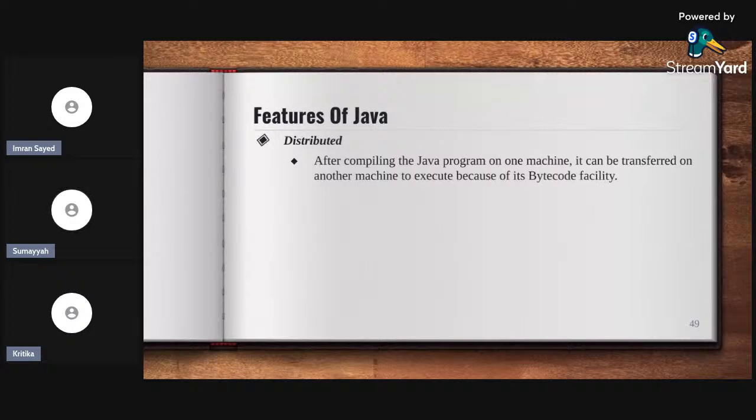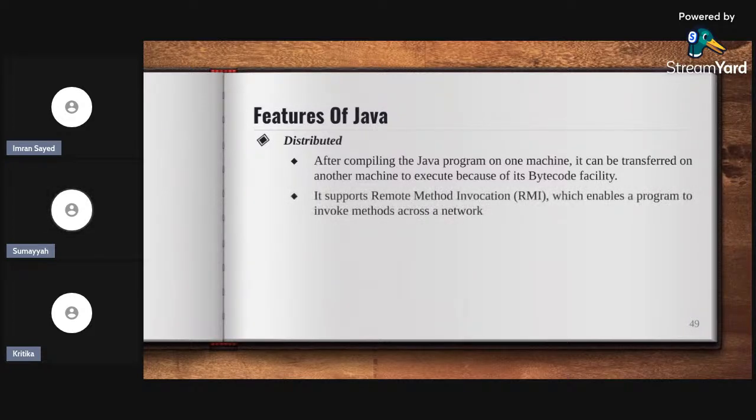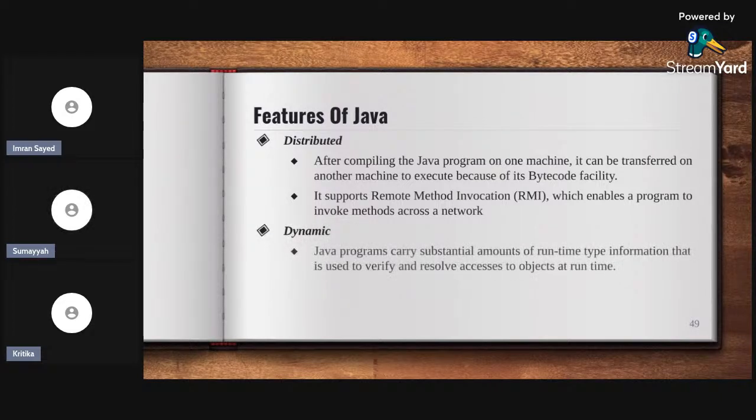Distributed. After compiling the Java program on one machine, it can be transferred to another machine to execute because of its bytecode facility. It supports remote method invocation, which enables a program to invoke methods across a network. Dynamic.